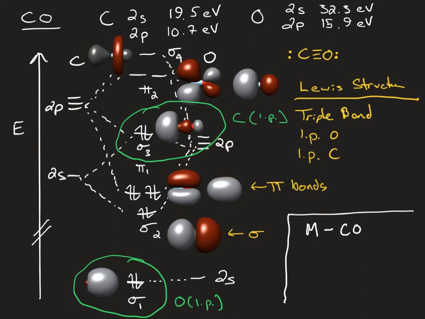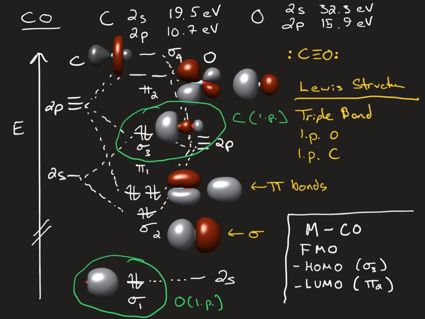The reason for this has to do with the frontier molecular orbitals of CO. Specifically, the highest occupied molecular orbital, the HOMO, which is our sigma 3 orbital, and the lowest unoccupied molecular orbital, or molecular orbitals in this case, the degenerate pi 2 orbitals.